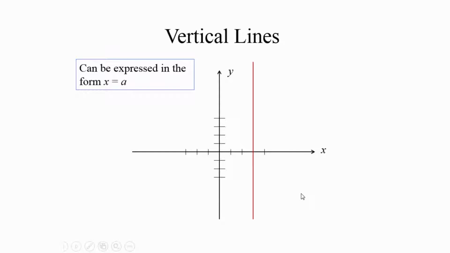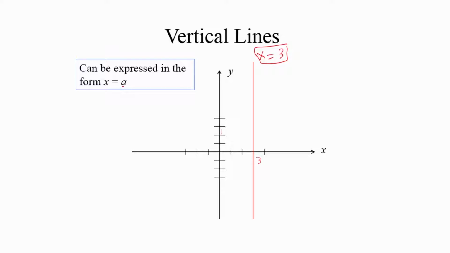Some special cases of a line: if you have a vertical line, such as this one, which is crossing the x-axis at 3, right? The equation of this line is x equal 3. So that means no matter what the value of y is, y can be up here, 1, 2, 3, 4, whatever, or negative, x remains at 3.